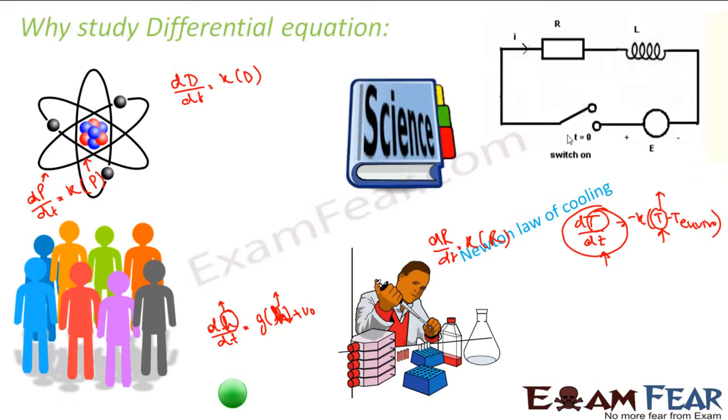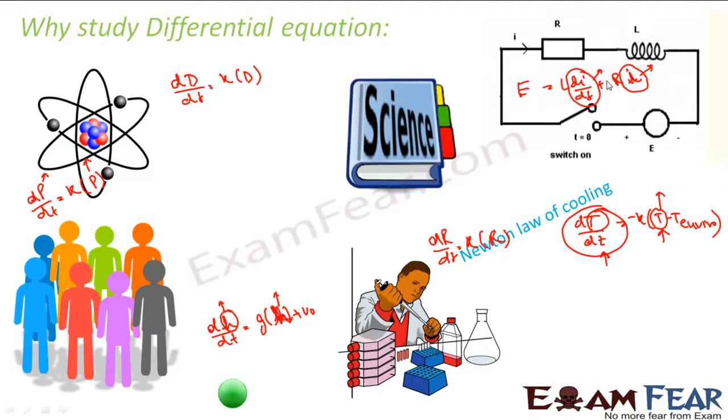For this particular inductor circuit, if I write the equation, it will be E is equal to L di by dt plus Ri. Correct. So here also, I have this variable I and its derivative, so I have one equation where I have I and the derivative of I both. So this is also one example of the study of differential equations.